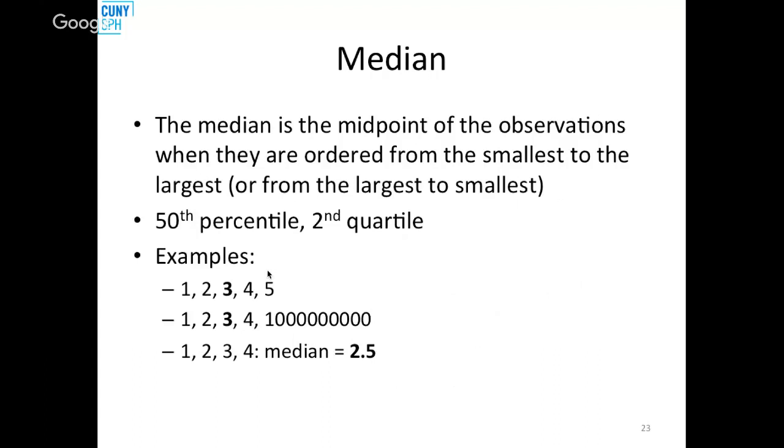With 1, 2, 3, 4, the median, I think in this case by any of the methods, would be 2.5. It's in this middle one with an outlier. If you got rid of the 1 and just had 2, 3, 4, 100 million, then different software would give you different results for the median.